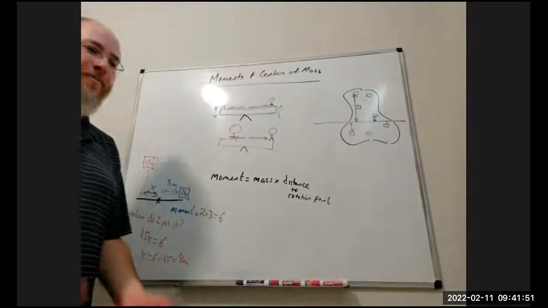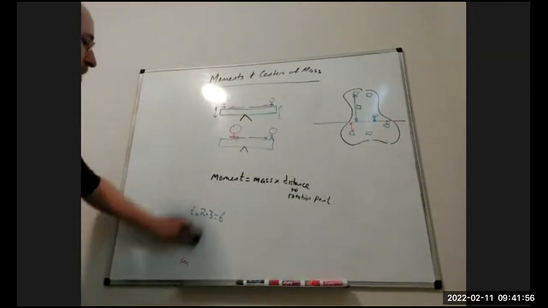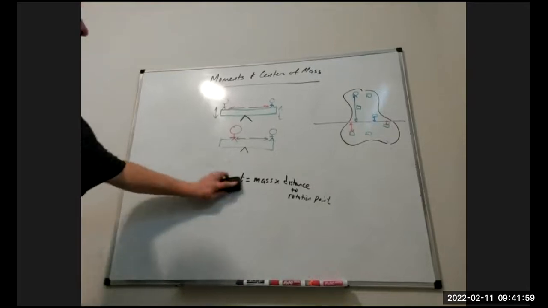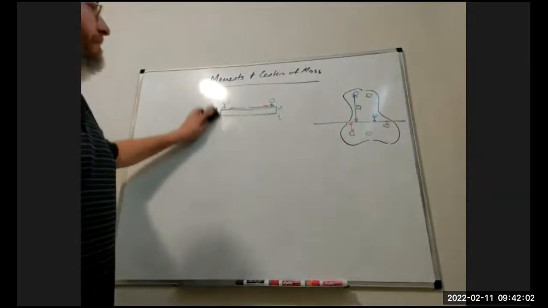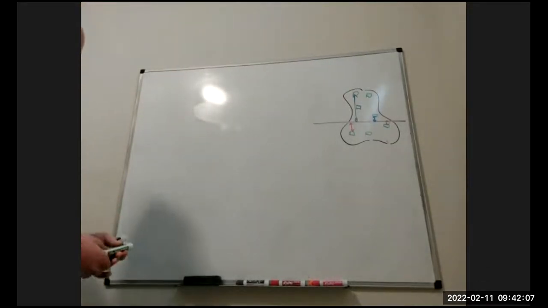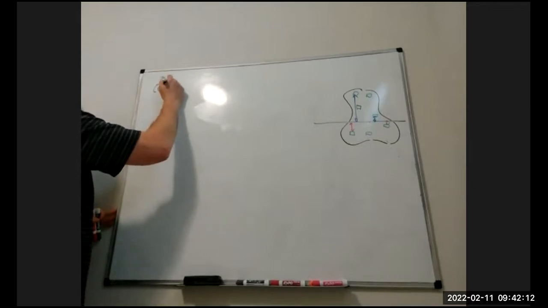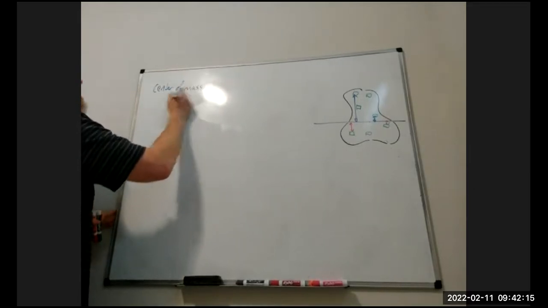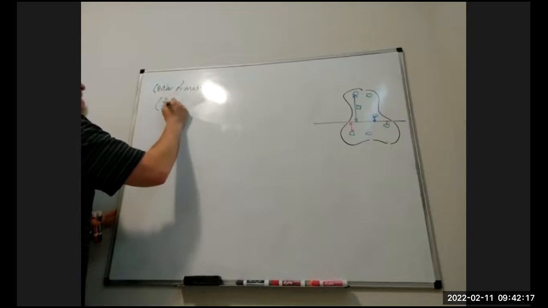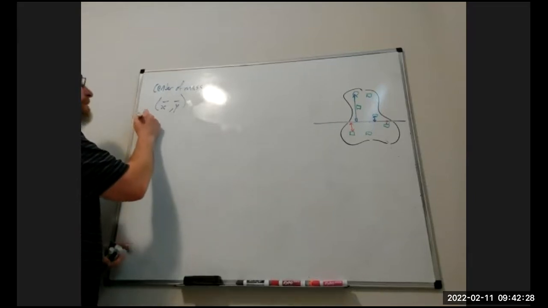Okay, so how are we going to actually do this? Well, we're going to look for centers of mass of two-dimensional objects. And here's how we actually calculate these things. If you want to find the center of mass, first of all, the symbols that we use for center of mass are X bar and Y bar.